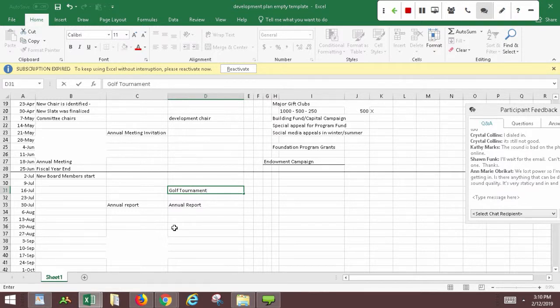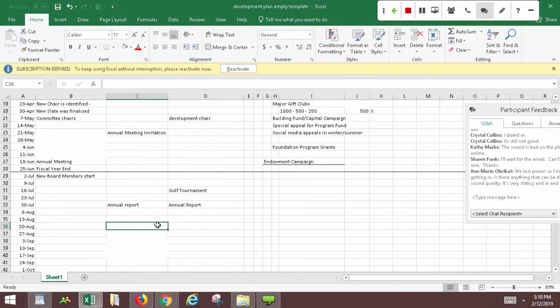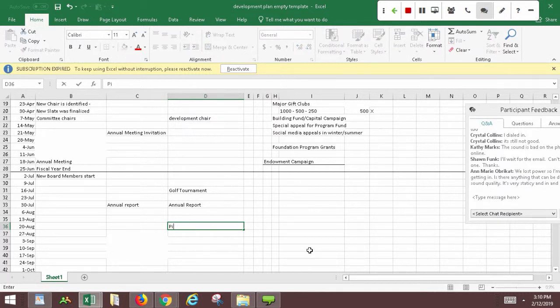What we had was a picnic. Sounds goofy, sounds silly. Actually, it was a manly man event at a yacht club with barbecue, etc. I put it in the development column because it becomes a cultivation opportunity for major gift fundraising.